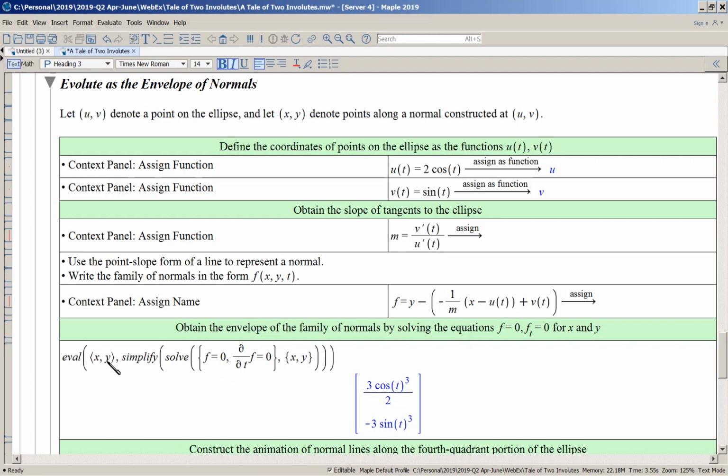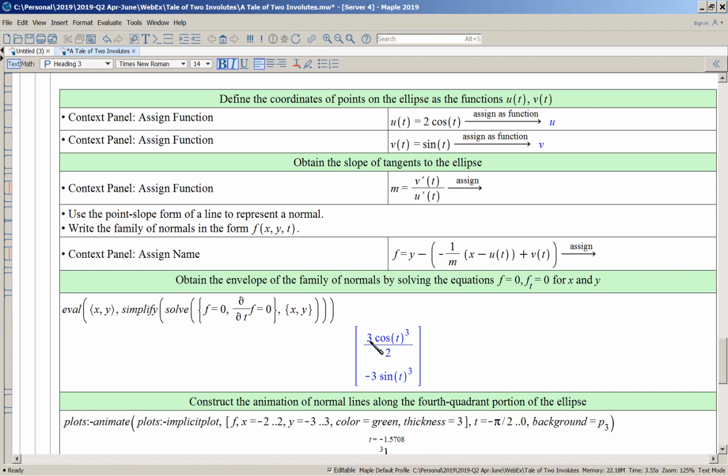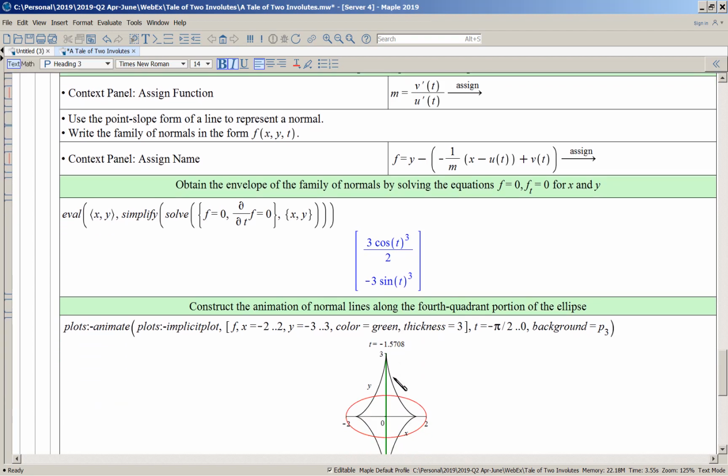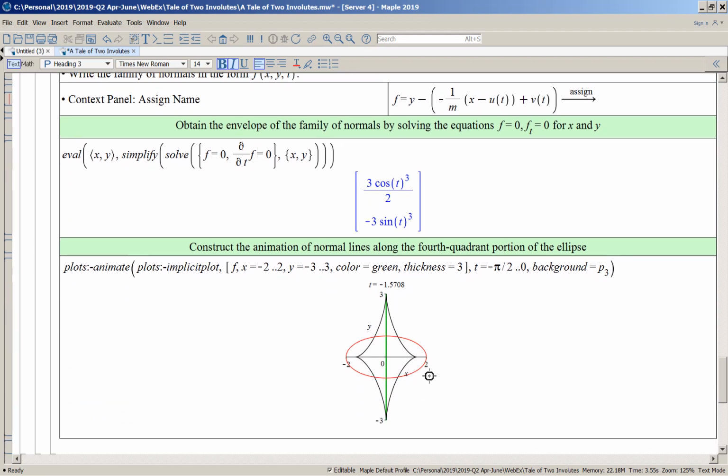Then I put them into a vector so that its components would come out to be 3/2 cos cubed t, minus 3 sin cubed t. And then this command will create an animation that we've seen already.